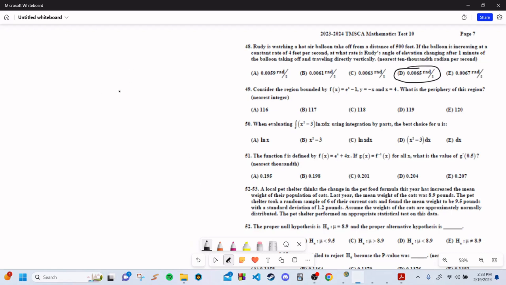Okay, so consider the region bounded by these three equations. That's y equals e to the x minus 1, then y equals negative x, and then x equals 4. To simplify it a bit for y'all, I'm going to draw it as best as I can.